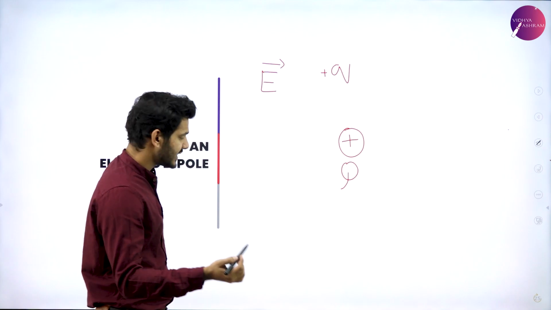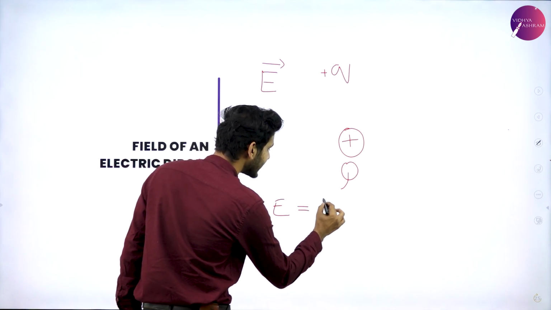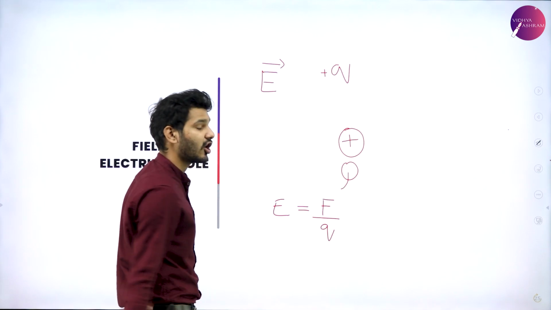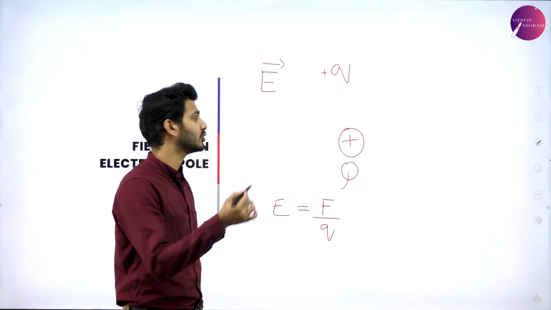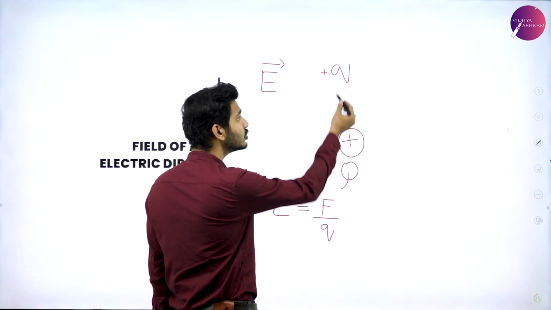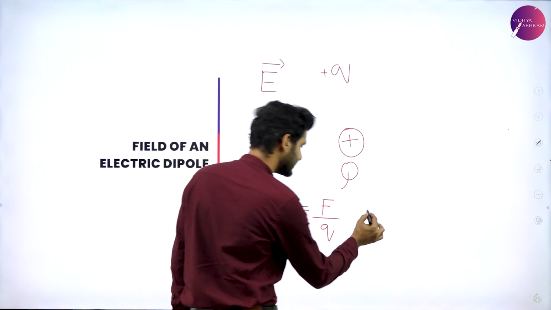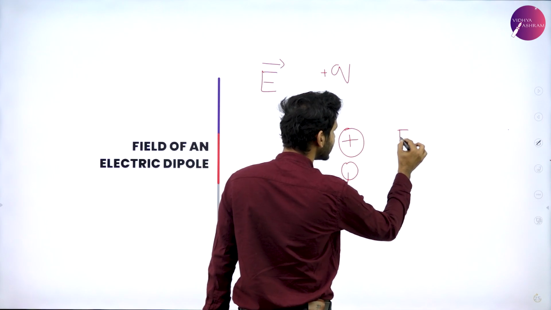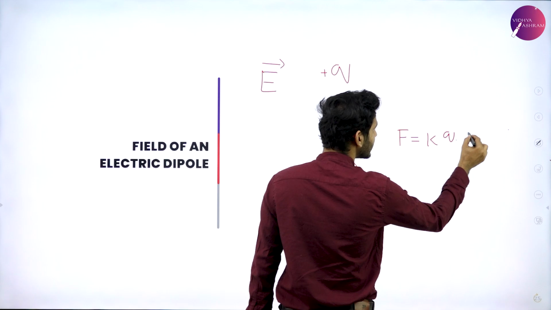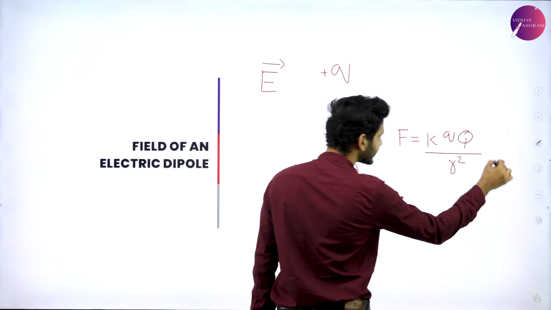So we can say that electric field is equal to the force experienced by a unit charge, or force experienced per unit charge. What does this actually mean? We know that if there are two charges, we can calculate the force using Coulomb's law, which says F is equal to K Q1 Q2 divided by R square.